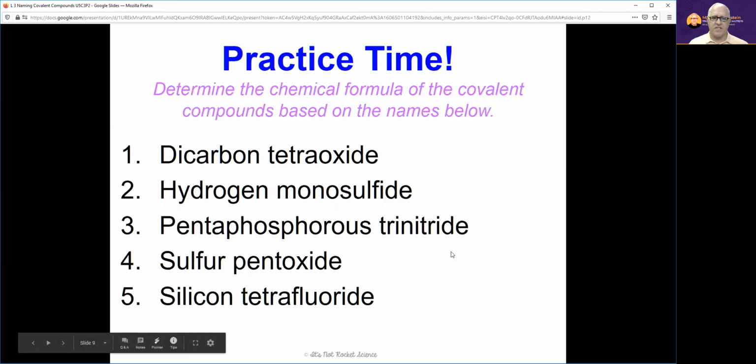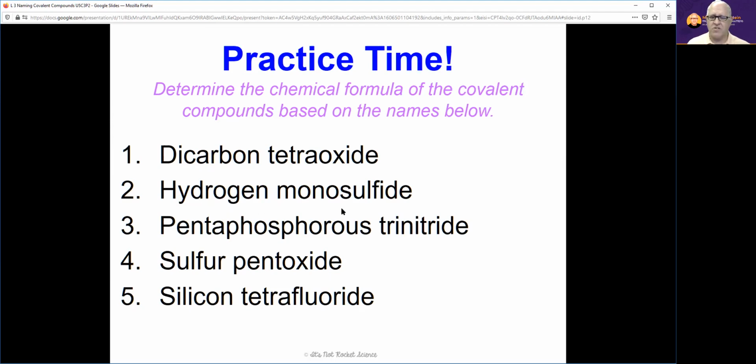So here's some practice time. And this is going to work on your notes pack. I believe it's on page 31. You can pause the video after I release you to work on it. And we're going to be working with dicarbon tetraoxide. Remember, use your little table to identify how many elements.